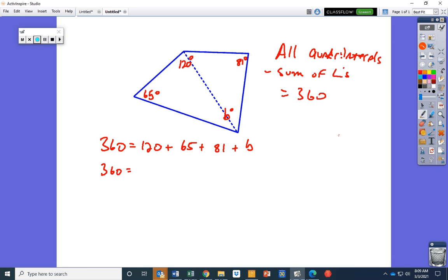We can do it over here. 185 plus 81. What would this be? 6. What's 18 plus 8? 26. So this would be 266 plus B. Now, how do I get B by itself here? Bowman?